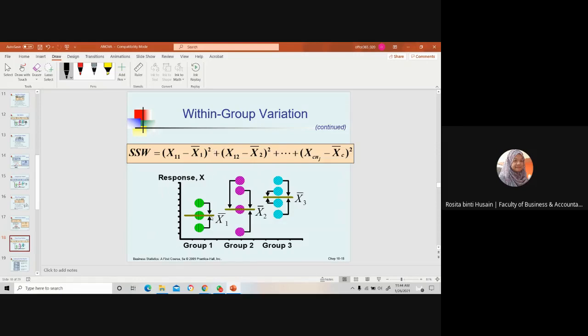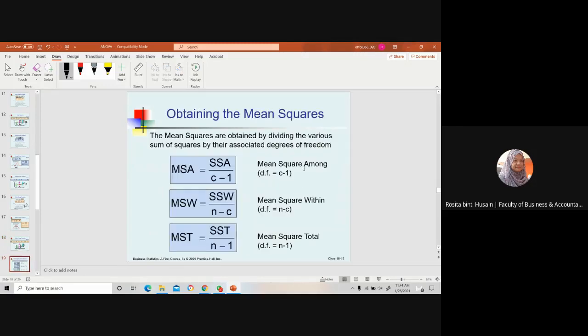For each group, you calculate the mean, and then you look at the deviation within the group. Each item is compared with its mean. So this is the formula. And then you calculate the mean square, by dividing the sum of square by its associated degree of freedom.